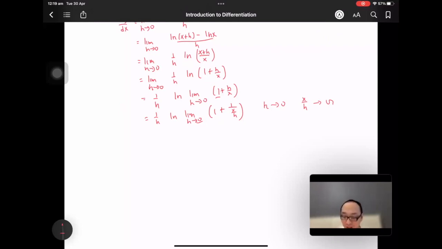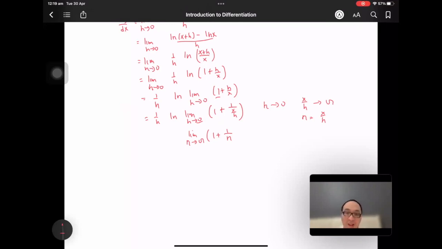So if I say n is x over h, I can rewrite this as the limit of 1 plus 1 over n, as n goes to infinity.